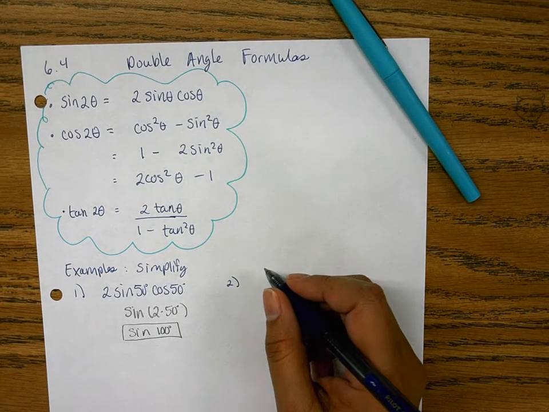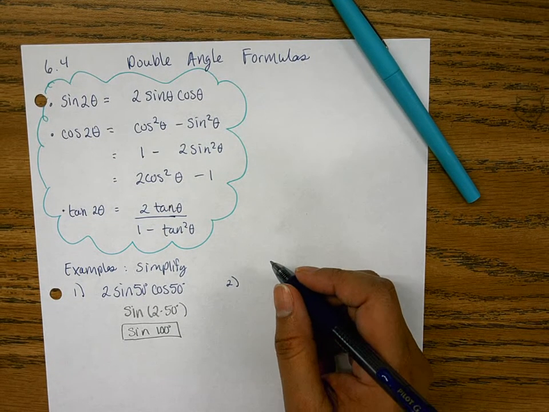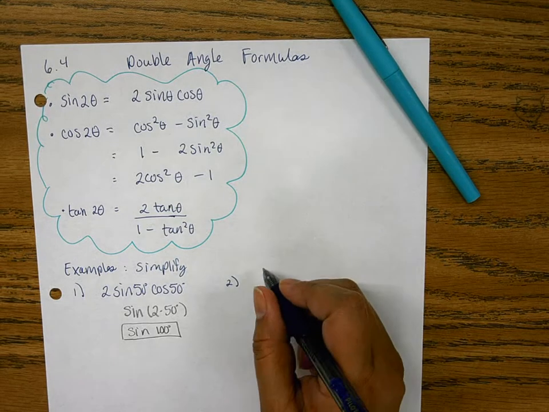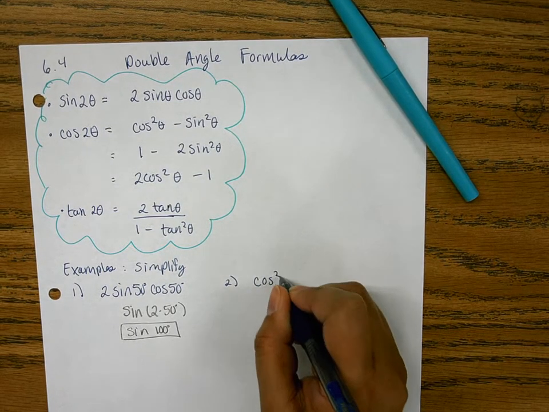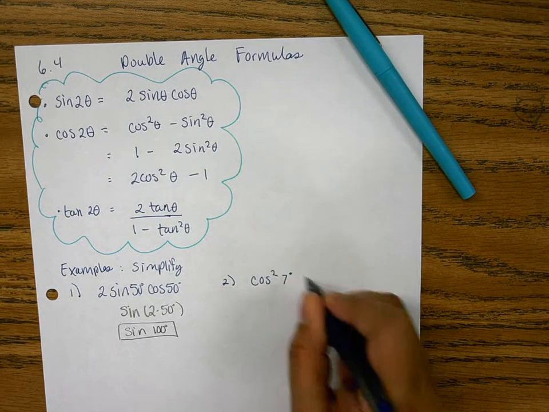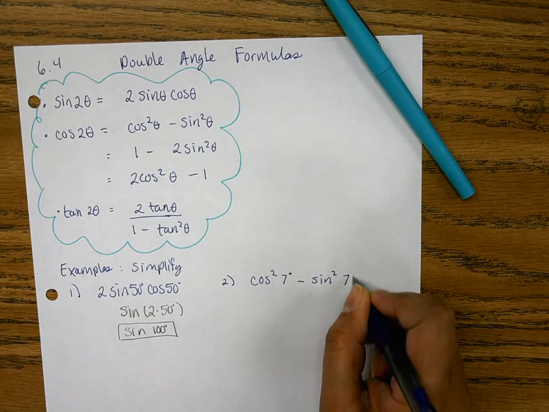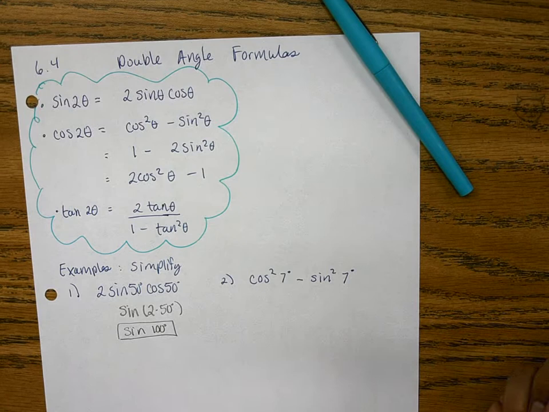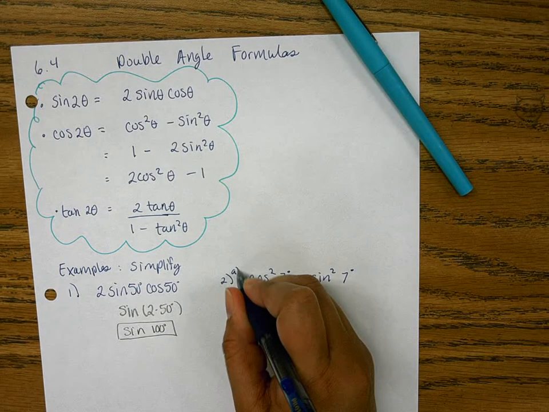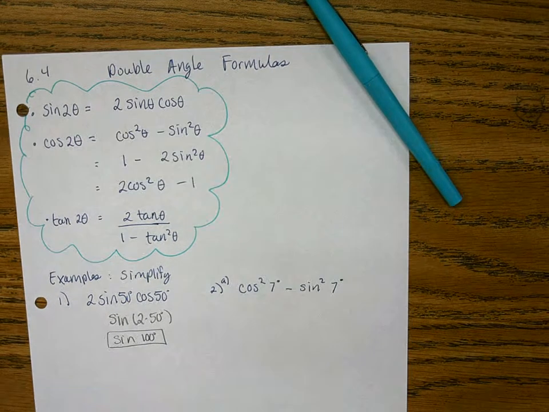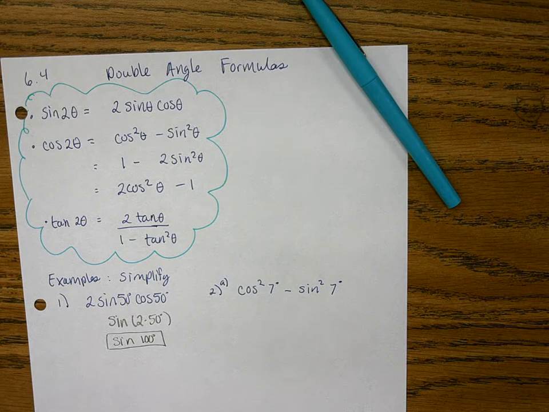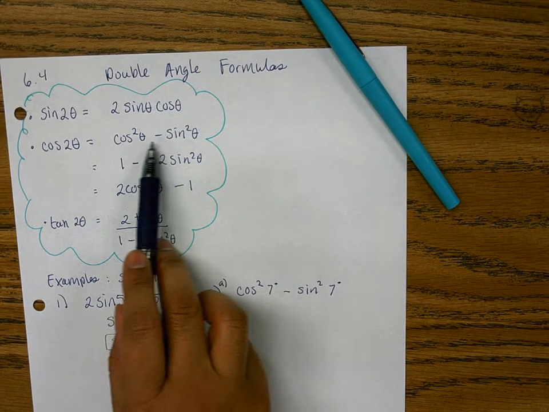Number 2. Cosine squared 7 degrees minus sine squared 7 degrees. I'm going to call this 2a. Okay, which one does this look like? Cosine squared minus sine squared. It's right there.